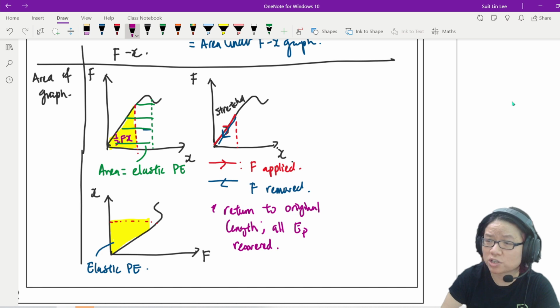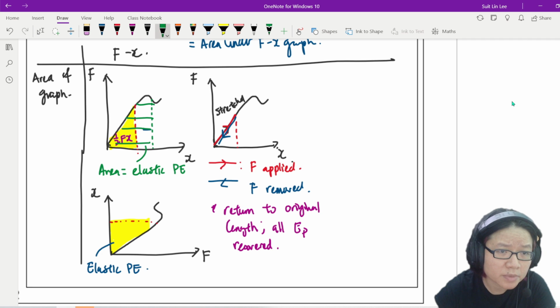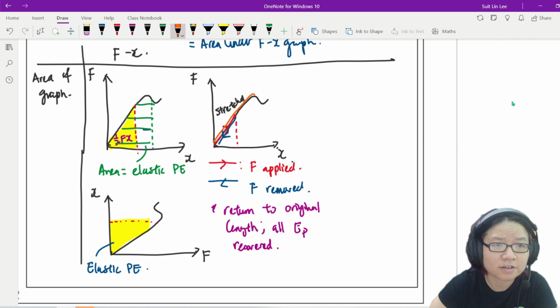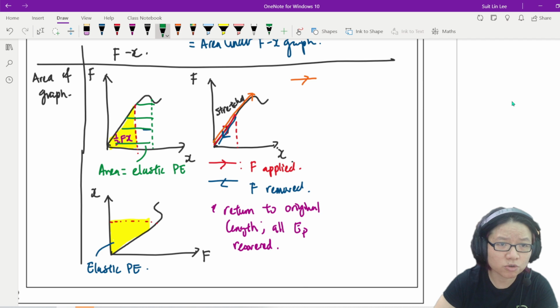But sometimes you stretch a bit more. Let's say, for example, maybe you went too far this time. You stretch until here. And then when you remove the force, here is where it returns. So for example, you stretch until this point.